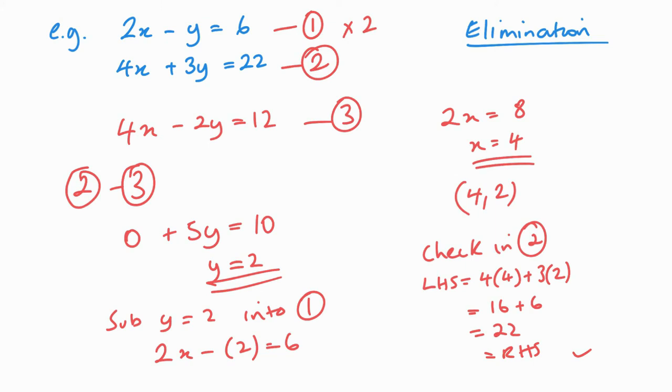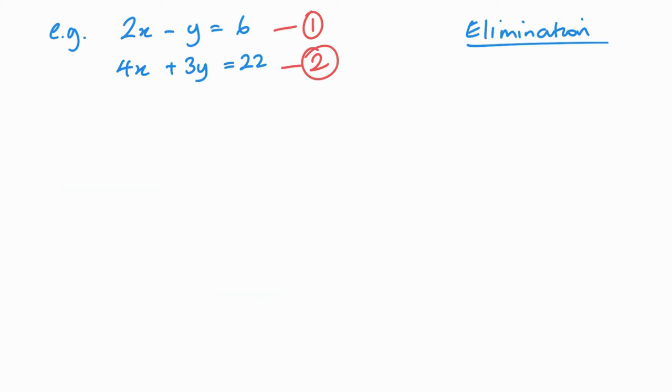Now I'm going to go back and redo the elimination method, just in case you made the y's equal in size. If I multiplied this first one by 3, I could have made the y's equal in size. So this gives me a new equation 3.